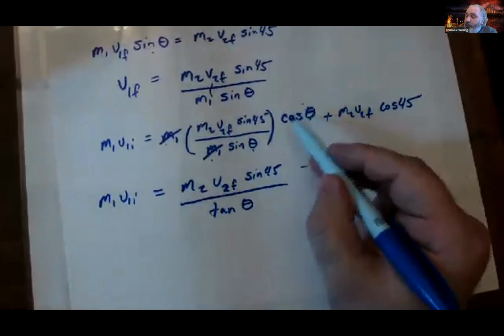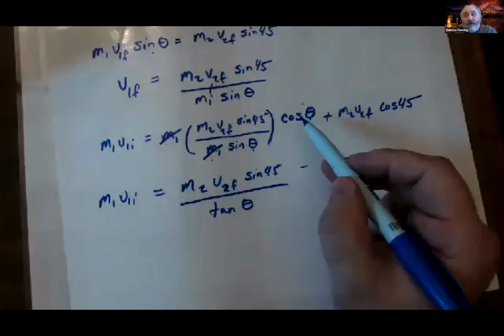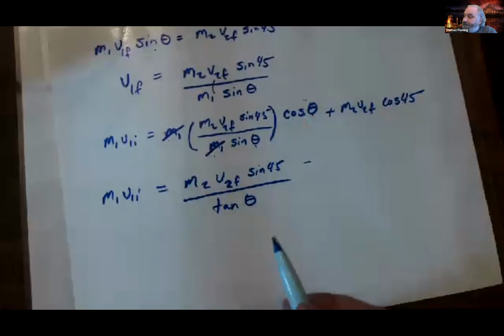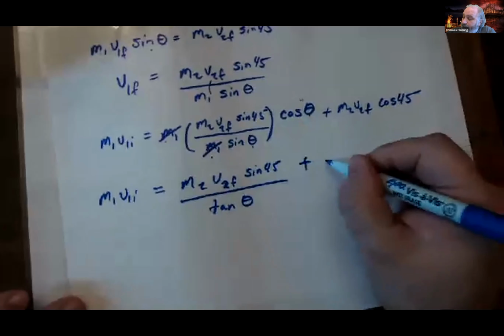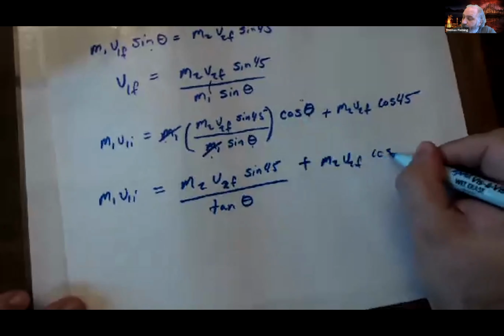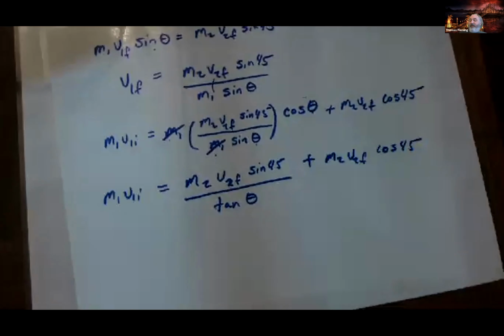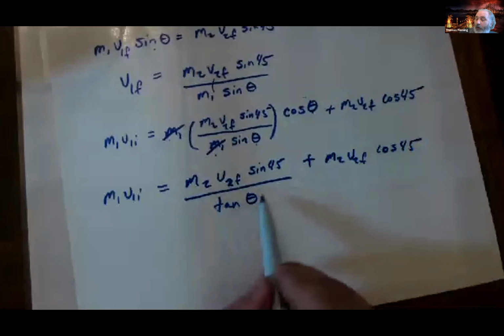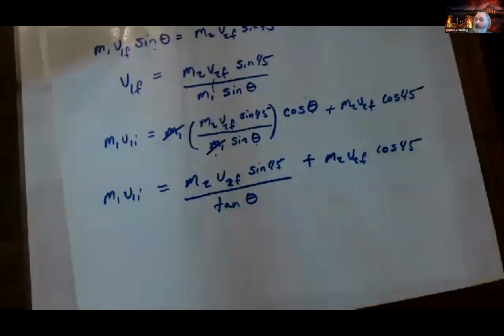But because it's cosine over sine, it's like dividing by the tangent, not multiplying by the tangent. And what's cool about this is that tangent is the only thing I don't have a number for. Everything else is a number that I can plug in.